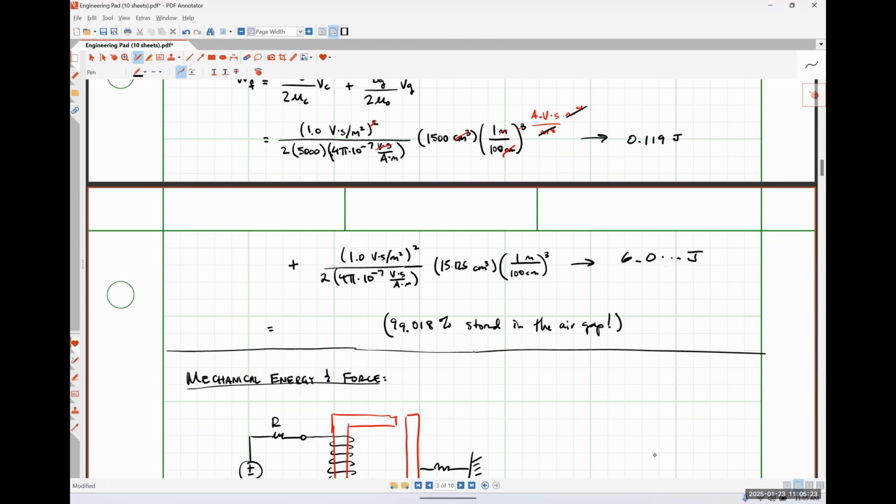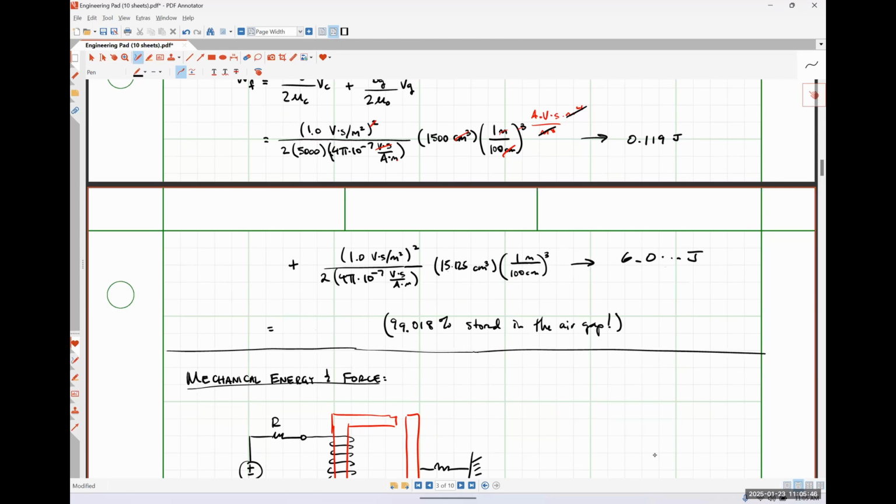That was the wrong thing. I did the other one. Well, that was right for what it's worth. 1 over, sorry, 2 times 4 pi times 10 to the minus 7.